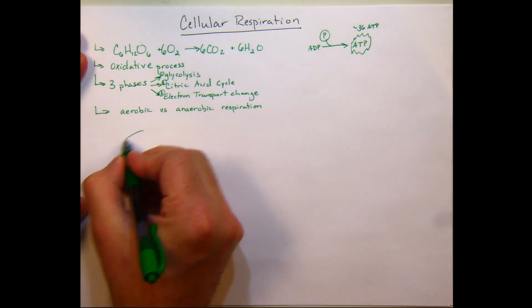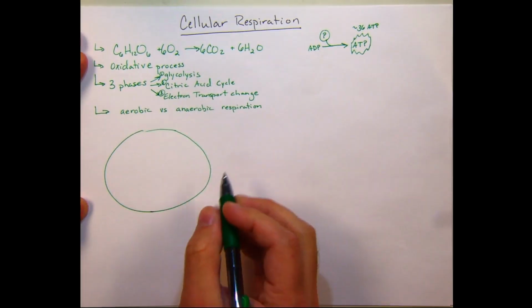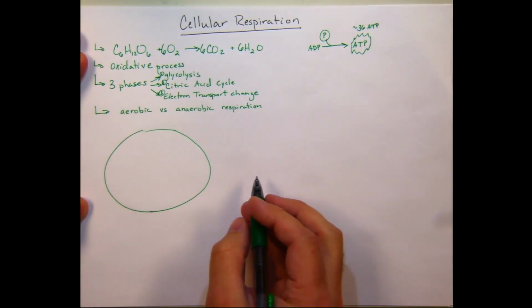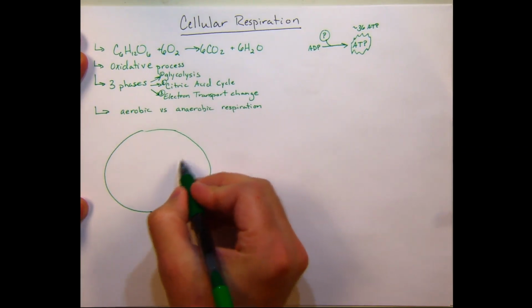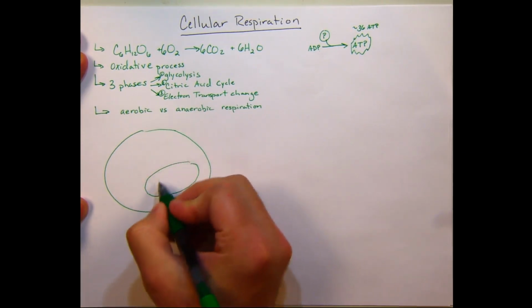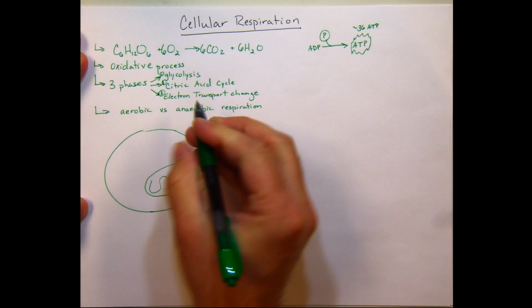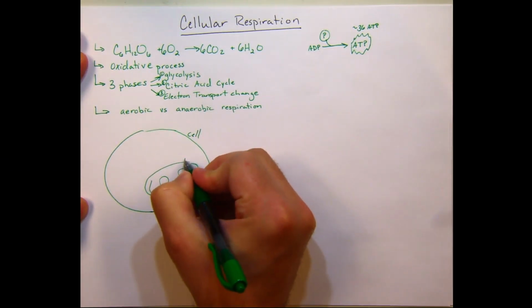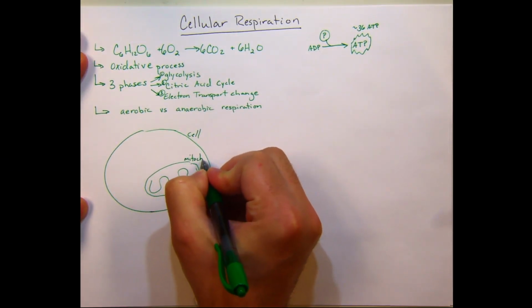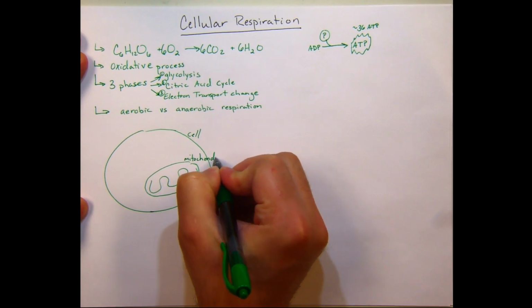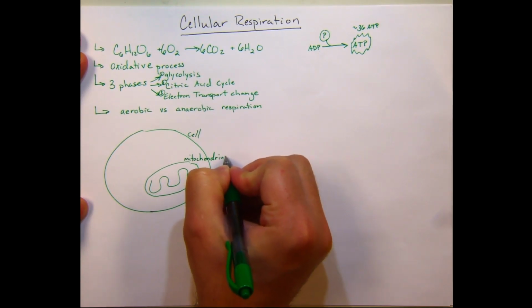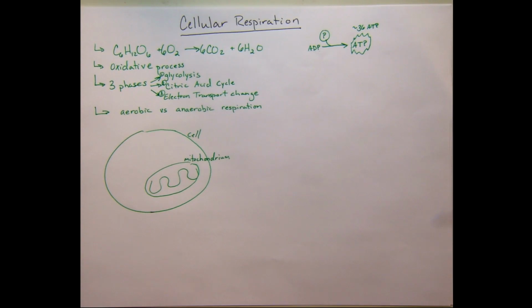So let's see. Here's our cell. Now this will not be true to scale. Here's our cell, and here is a mitochondrion. Of course, this is not true to scale, because in a cell you can have anywhere from 1,500, 1,700, 1,800 mitochondria inside of them.